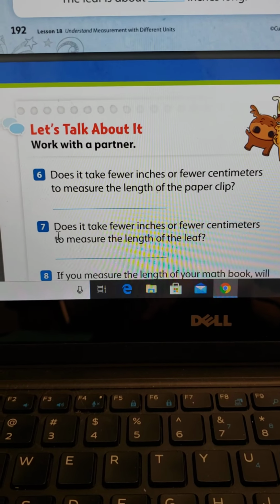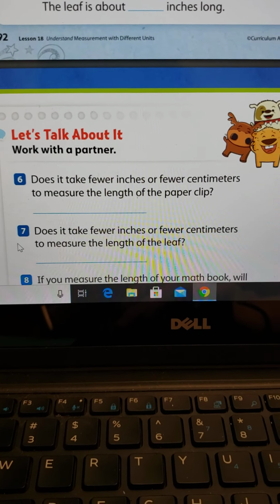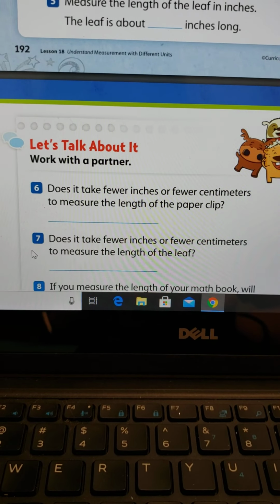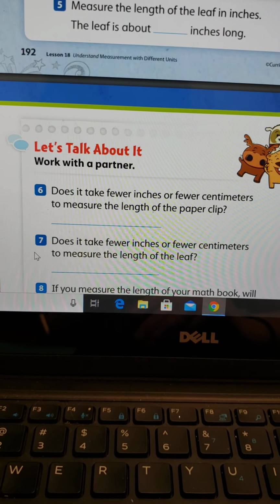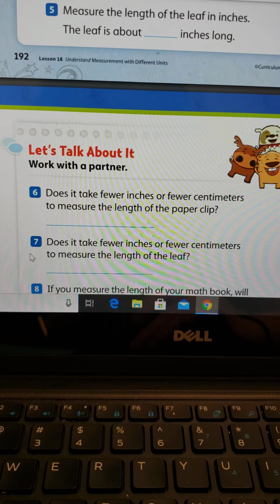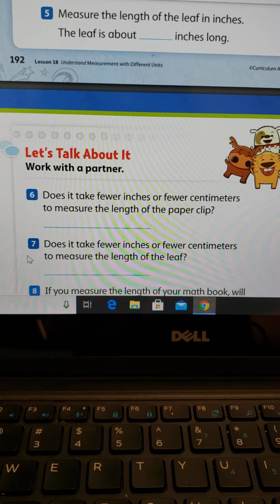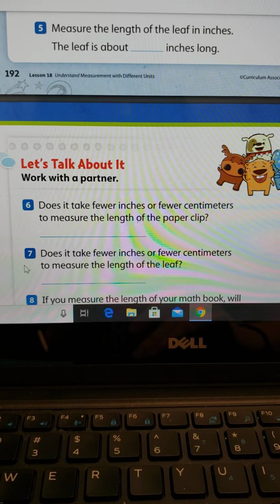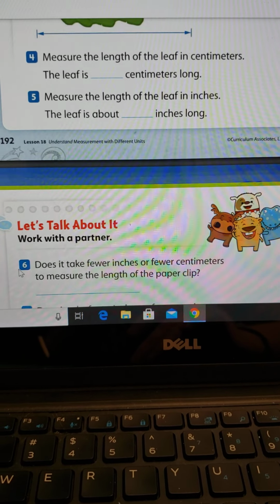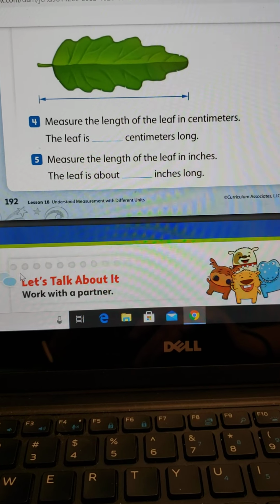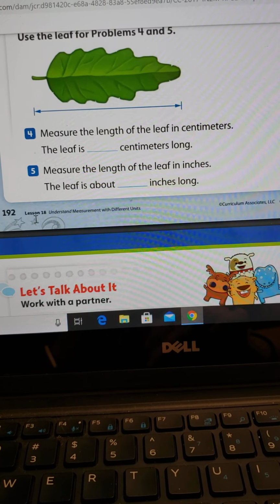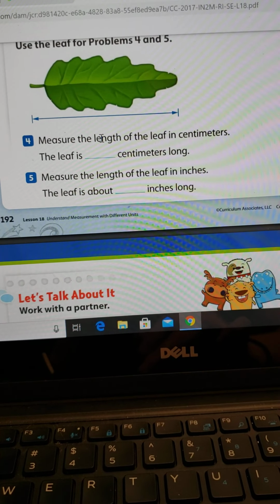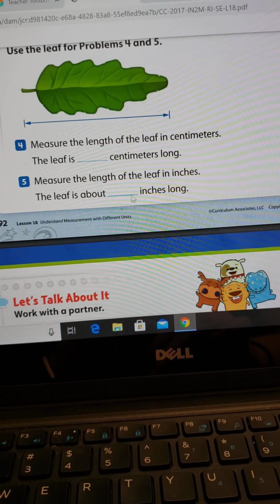Let's look at number 7. Does it take fewer inches or centimeters to measure the length of the leaf? Okay, so I'm looking for which one do I use less of to see how long it is. Let's look back. Remember, I said that I use 8 centimeters and about 3 inches.